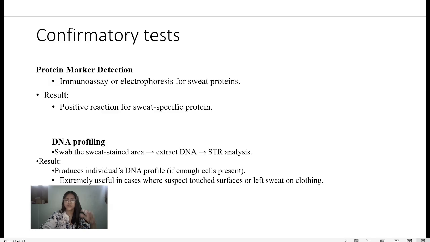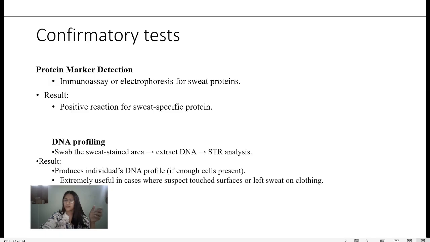The procedure of this test is to swab the sweat-stained area and extract the DNA, then STR analysis is to be done. The result of this test is that it produces an individual's DNA profile. It actually provides a unique DNA profile of the person, right? So person identification is possible.